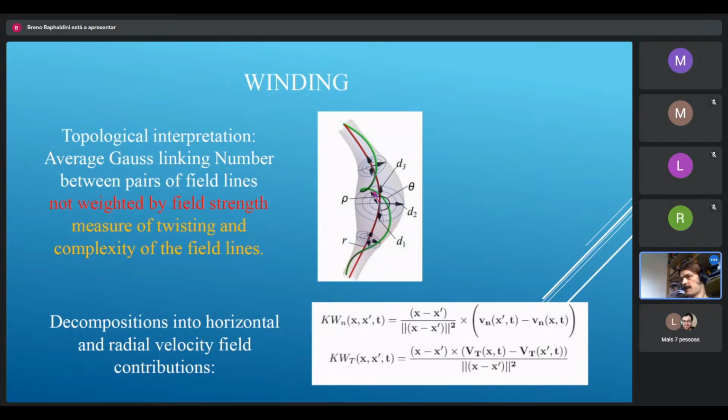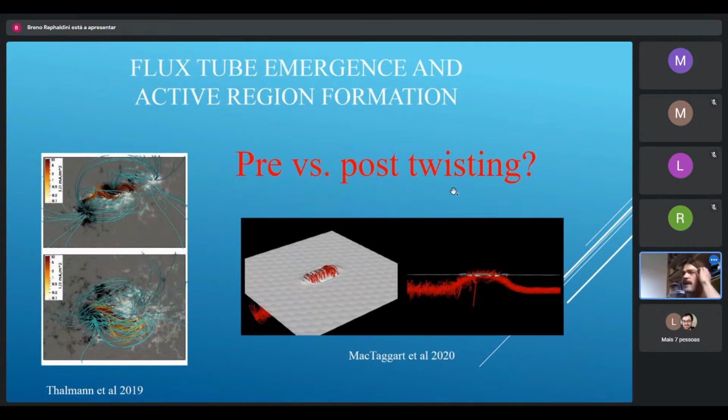The topological interpretation of the winding is a measure of the entanglement of the magnetic field lines, and as in the case of the magnetic helicity, it also can be decomposed into the winding due to horizontal motions of the plasma and the winding due to vertical motion of the plasma. So how can we apply this in order to understand the emergence of magnetic fields through the solar photosphere?